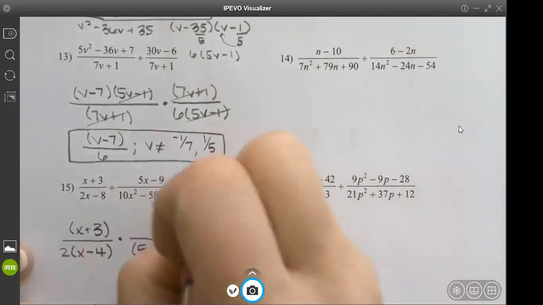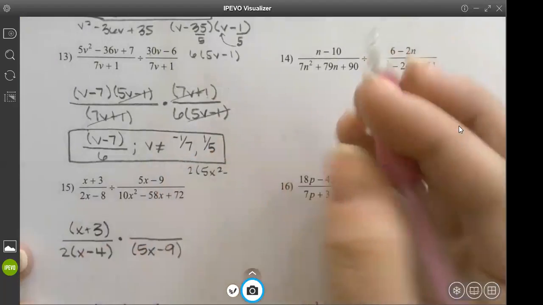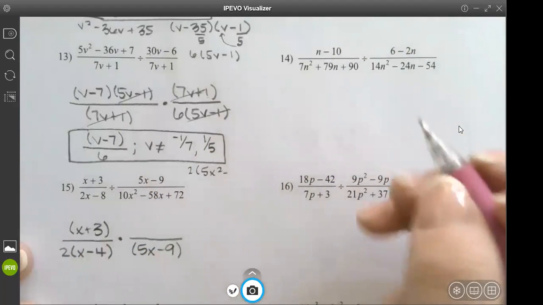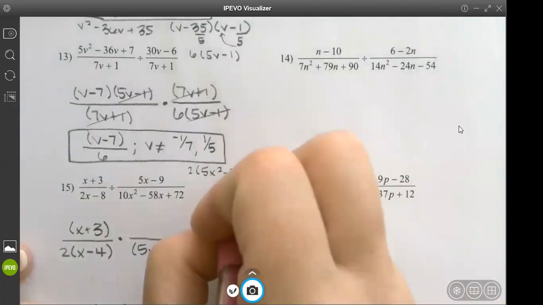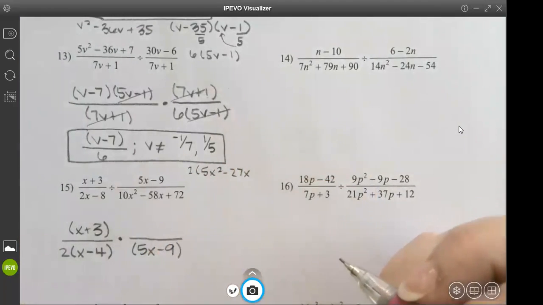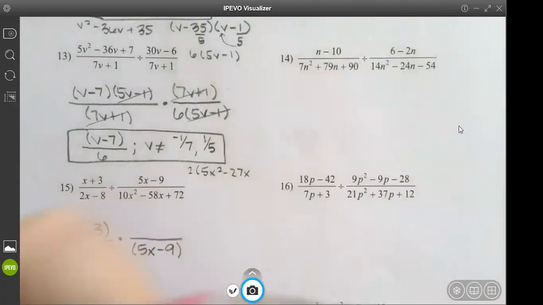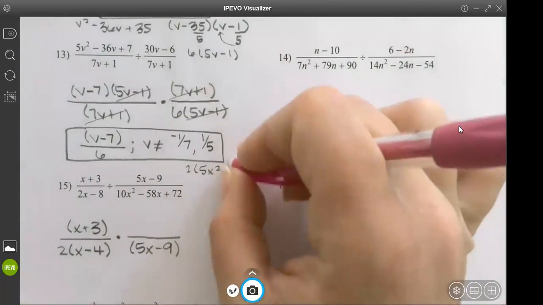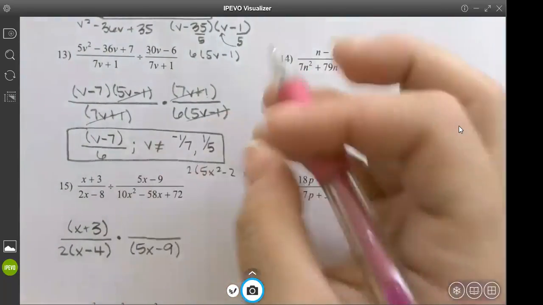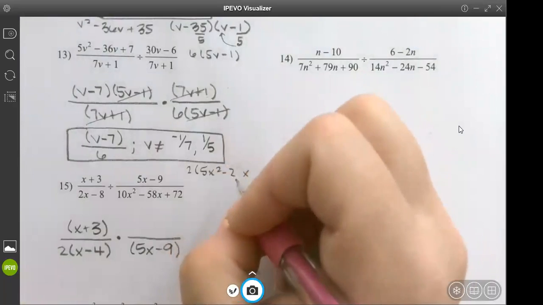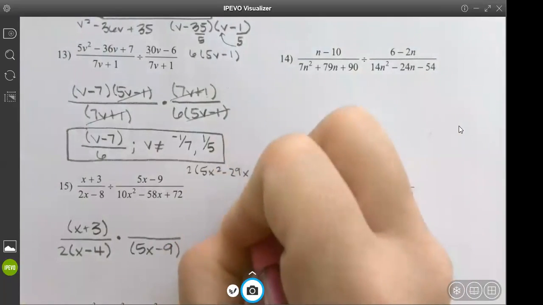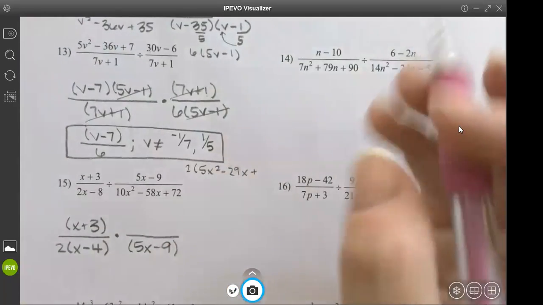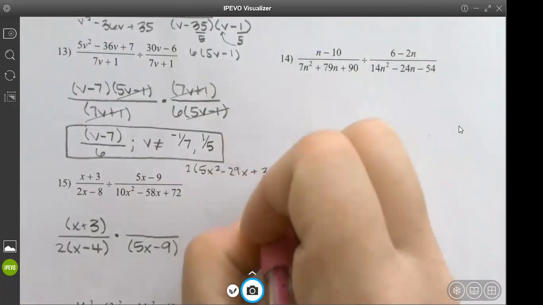That leaves me with 5x squared minus... Plus 72 divided by 2. 6 is 3, 12 is 6.